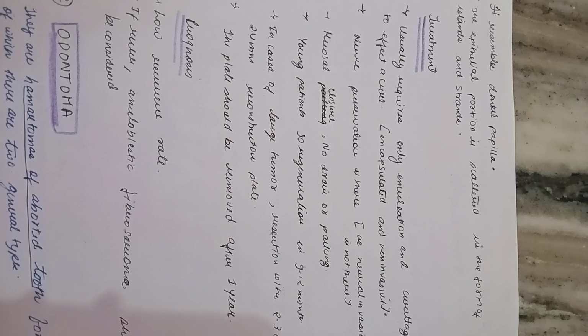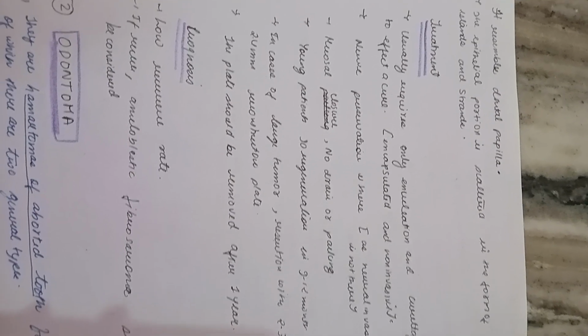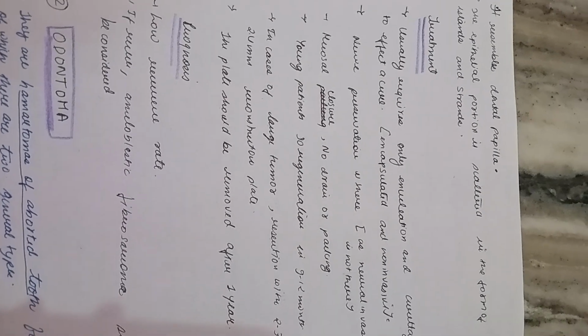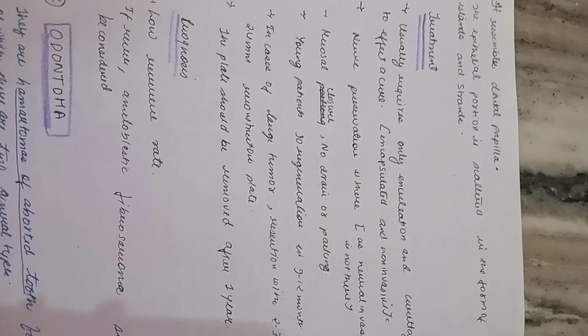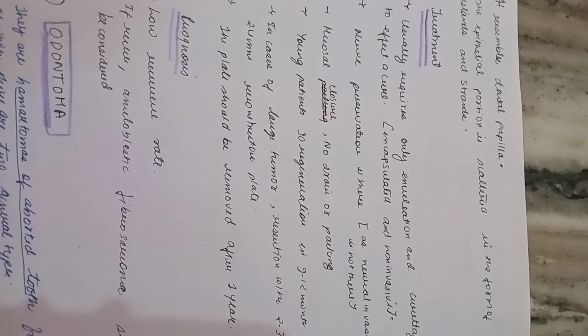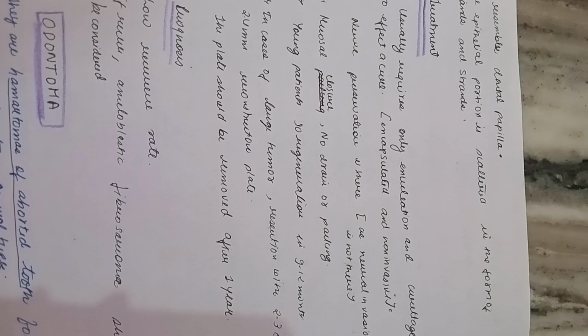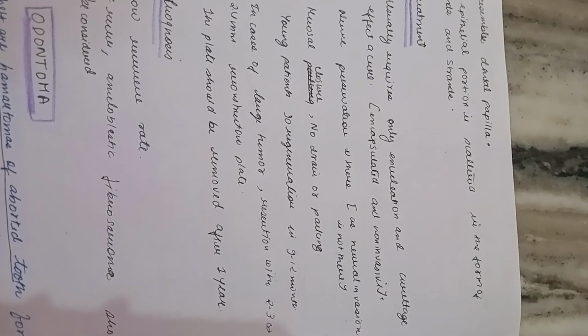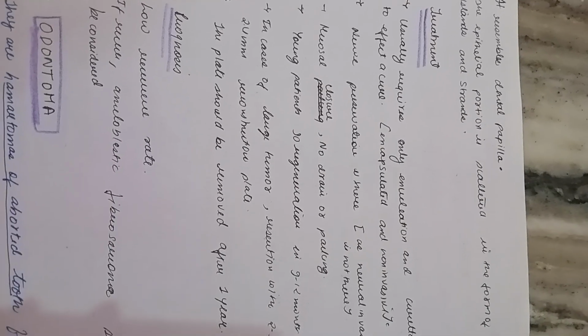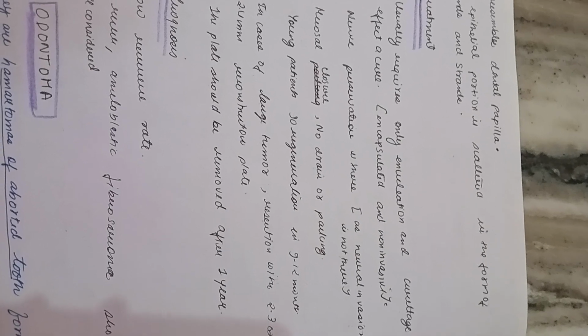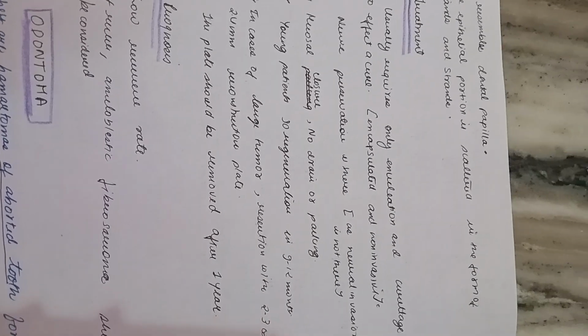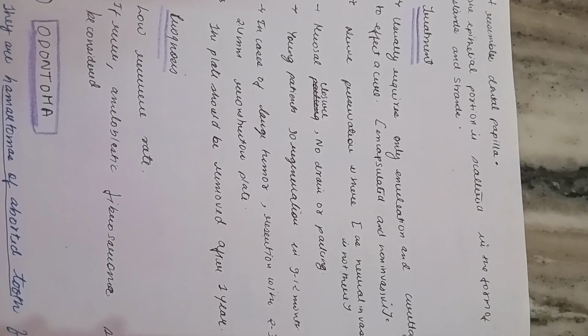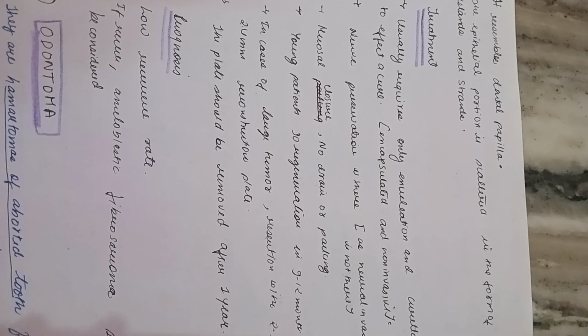Nerve preservation is possible as neural invasion is not there. Only mucosal closure is done, with no drain or packing. In young patients, osteogenesis or regeneration occurs in 9 to 12 months.